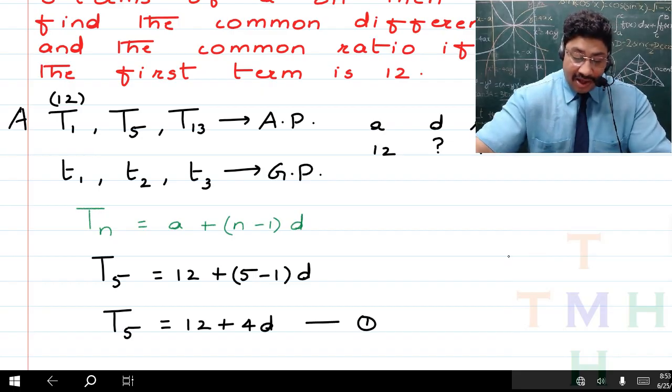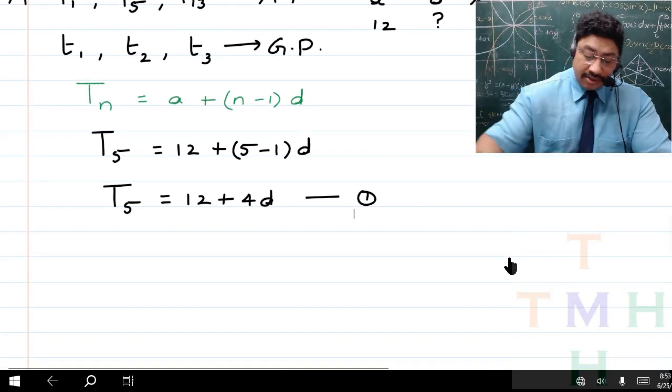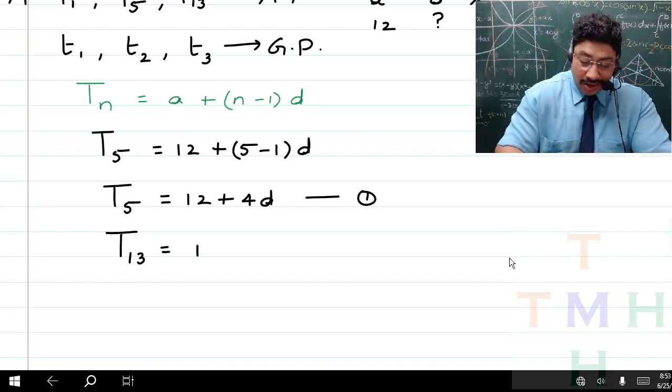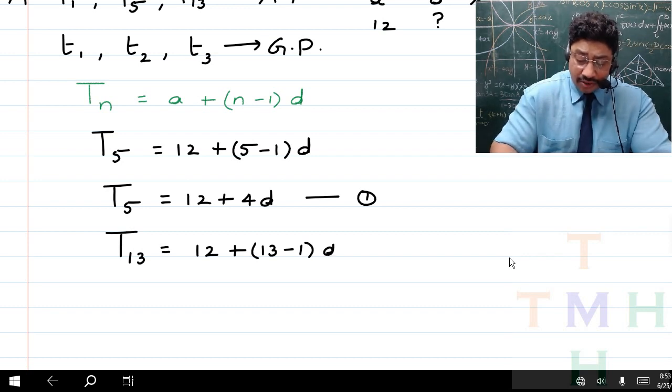Now after this, children, we will be talking about the 13th term. In a similar way, the 13th term will be equal to 12, which is the first term, plus 13 minus 1 times the common difference d. This calculates to 12 plus 12d, right?